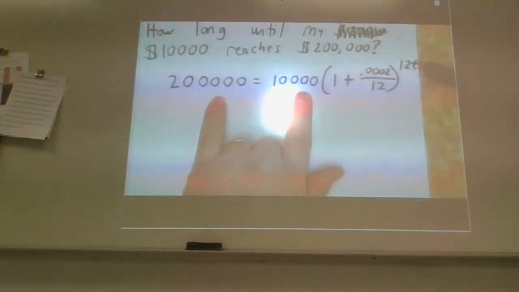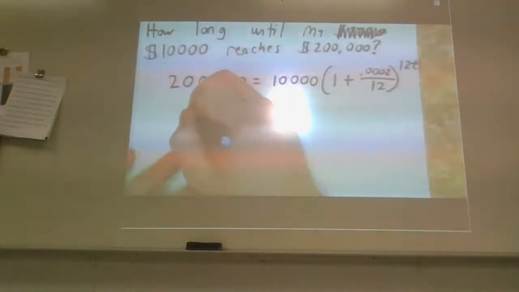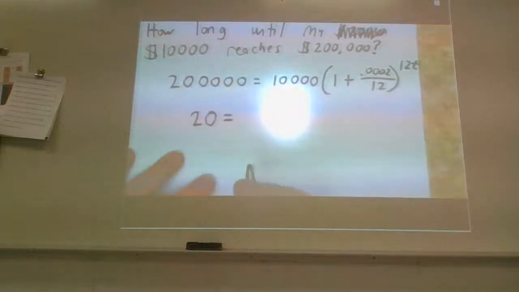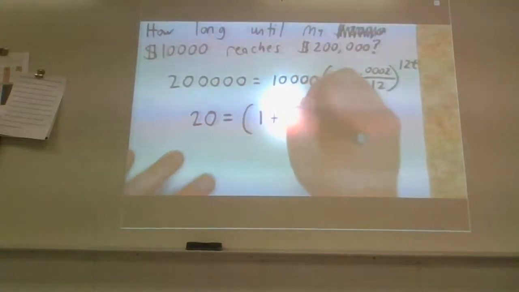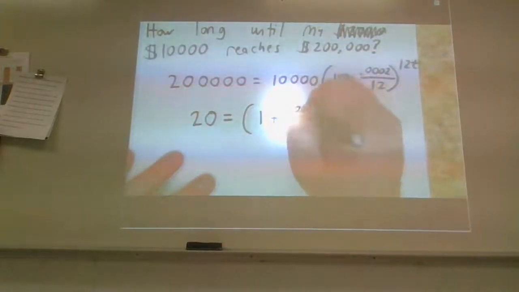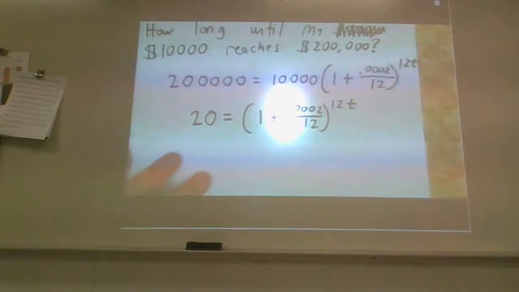In order to get to that exponent step, I first need to take care of this multiplication step. I'm going to divide both sides by 10,000. That's going to leave me with 20 equals the parentheses, which have not changed, and the exponent, which has not changed.